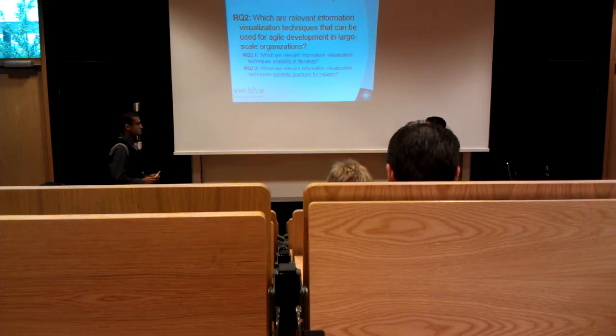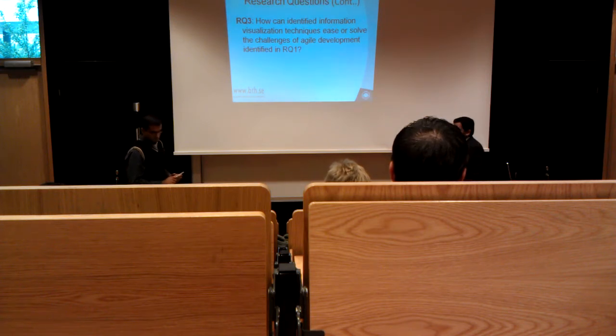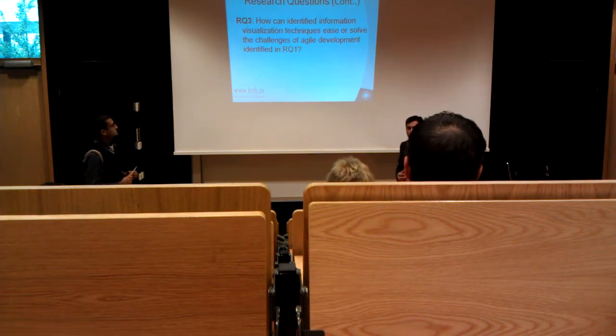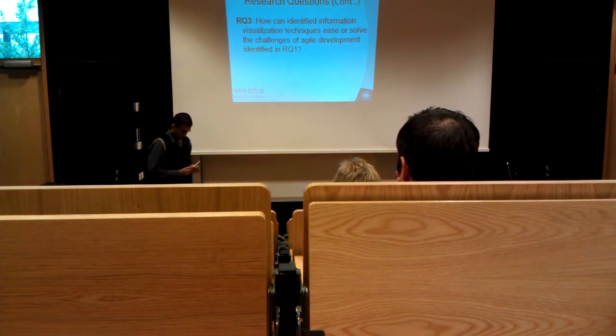It has the same two sub-research questions: one available in the literature, and the second currently practiced by the industry. And the third question deals with the application of information realization: how can these techniques be applied to resolve or ease the challenges of Agile development?